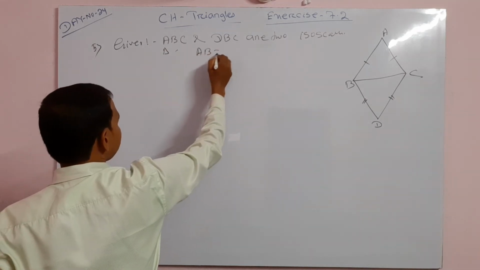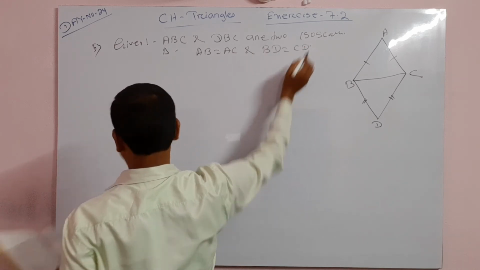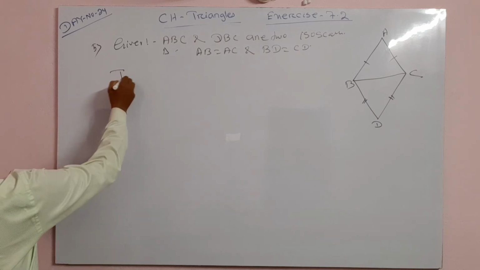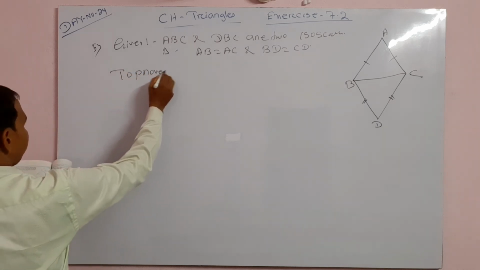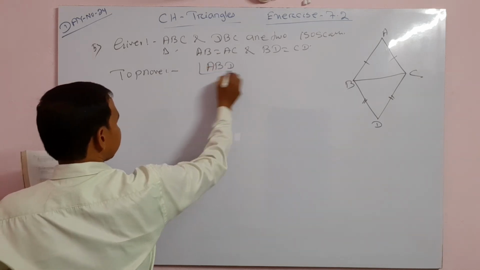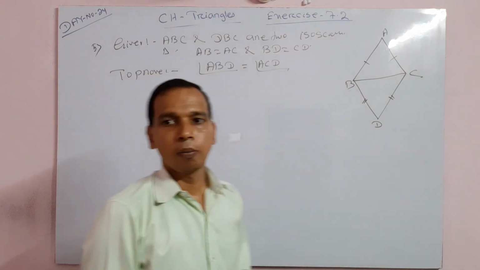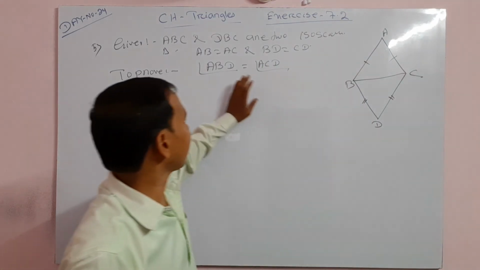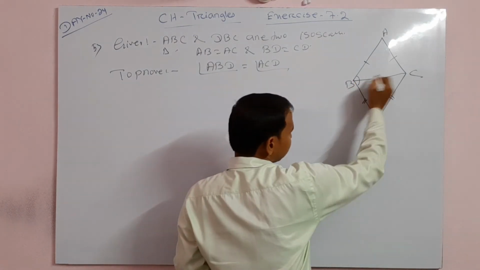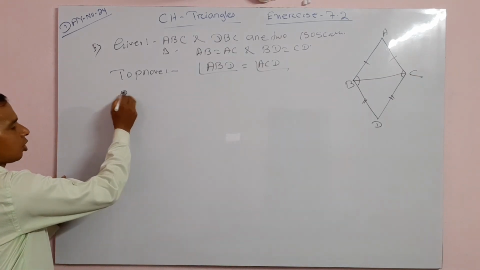Here AB equal to AC and BD equal to CD. Okay, given complete. Then to prove, we have to prove that ABD angle is equal with ACD angle. Okay, बहुत easy question देखो. So here our aim is to prove that ABD angle, means this angle, is equal with this angle.